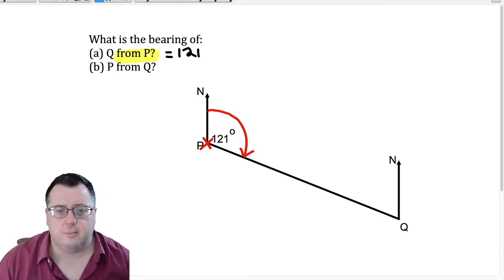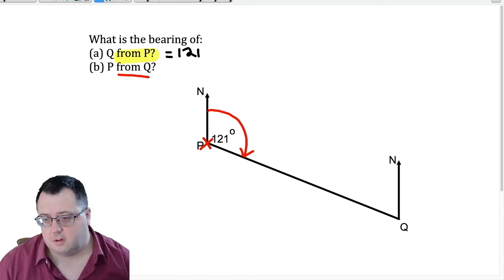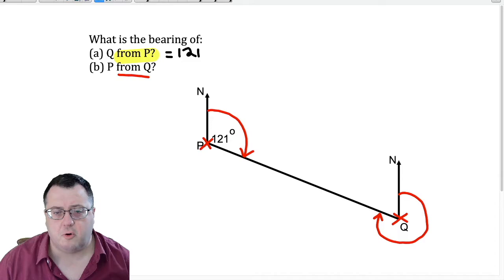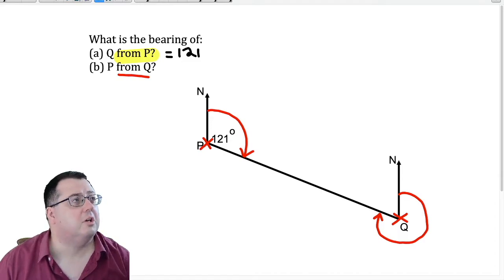Now what about P from Q? So we've got to start at Q because it tells us from Q. There's our starting point. We draw in our north line. We measure clockwise. And that's the angle we need to find out what Q is.